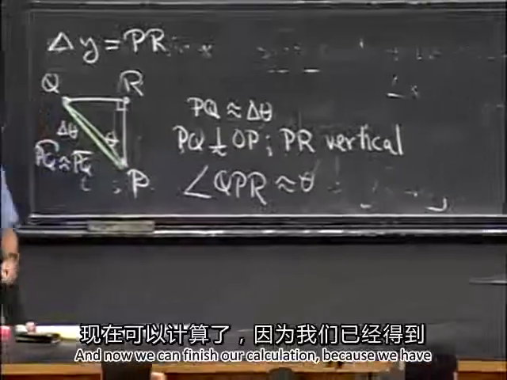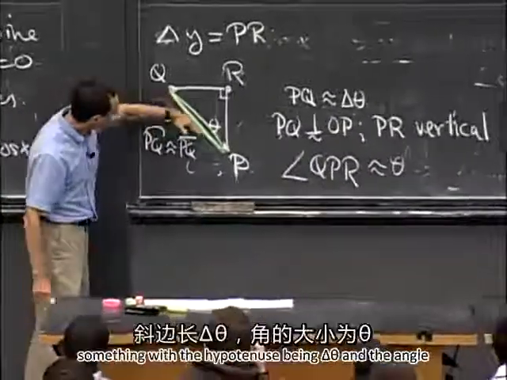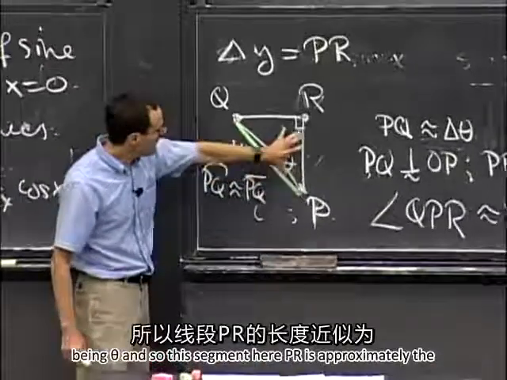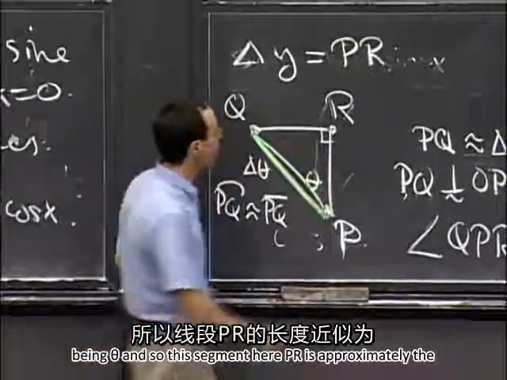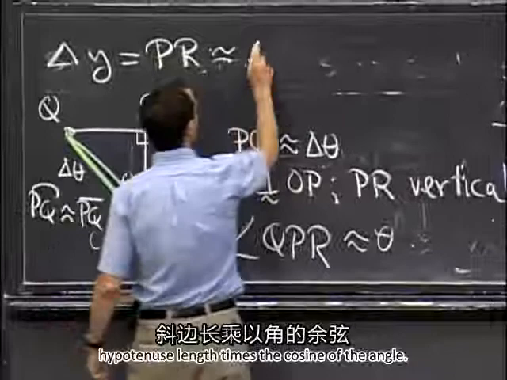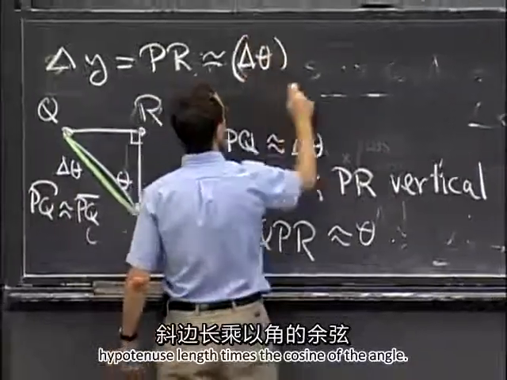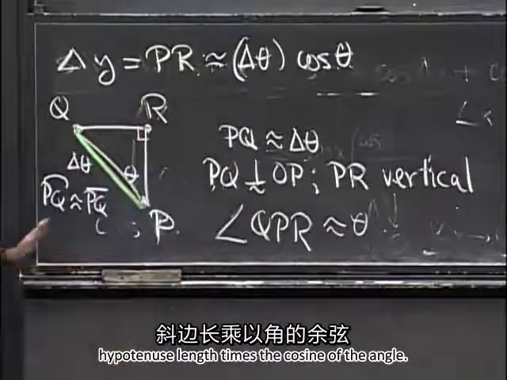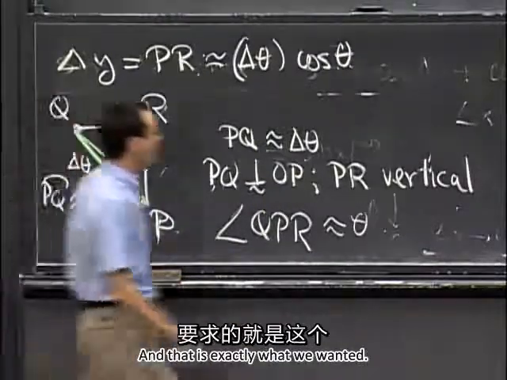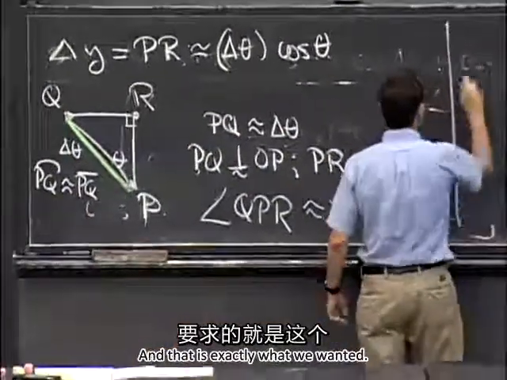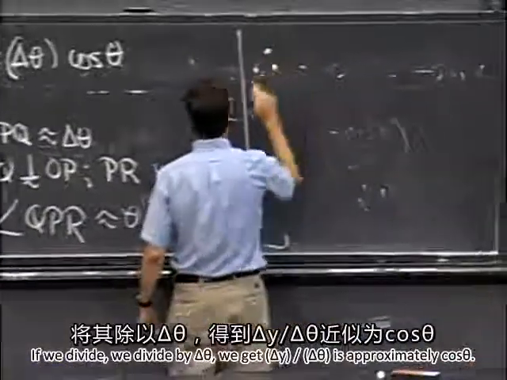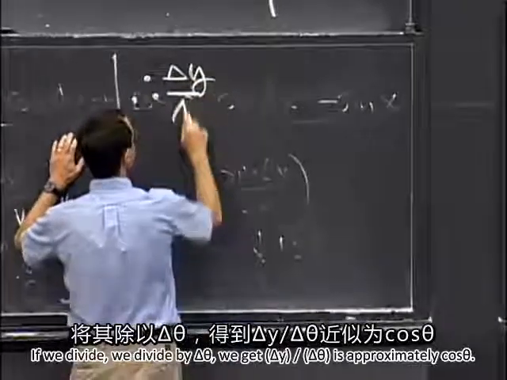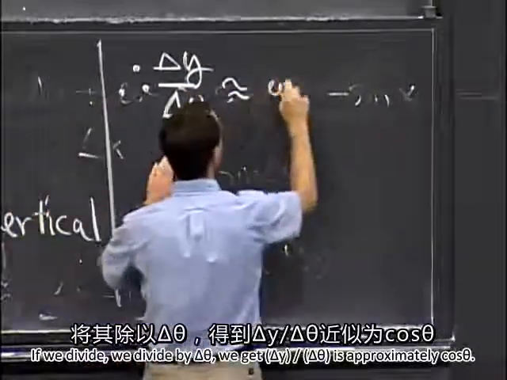And now we can finish our calculation, because we have something with the hypotenuse being delta theta and the angle being theta. And so this segment here, PR, is approximately the hypotenuse length times the cosine of the angle. All right? And that is exactly what we wanted. If we divide by delta theta, we get delta y divided by delta theta is approximately cosine theta.